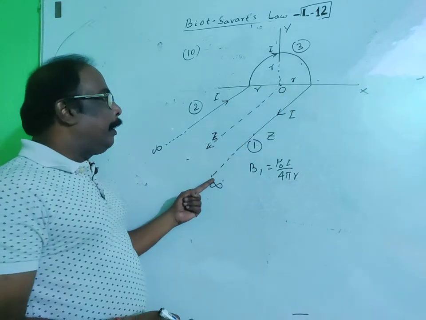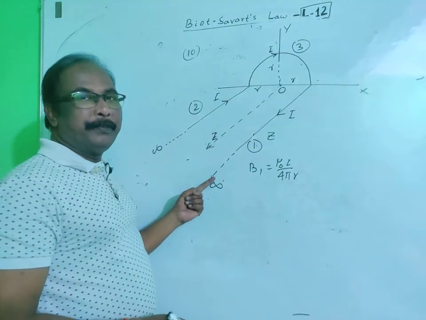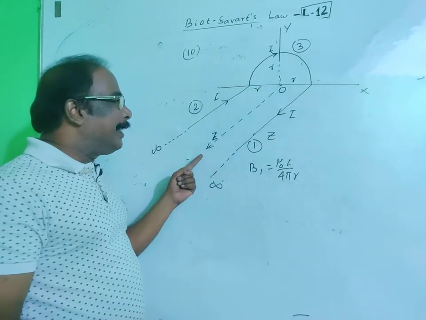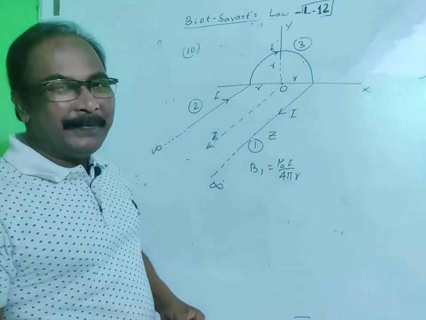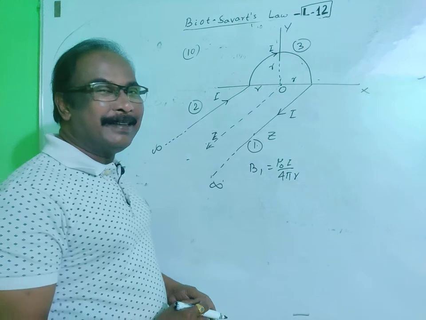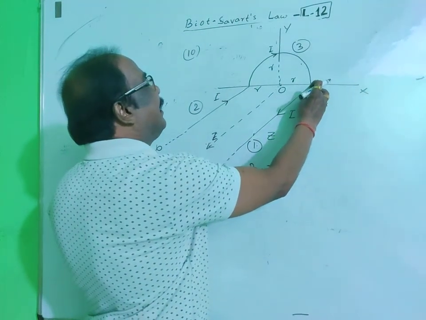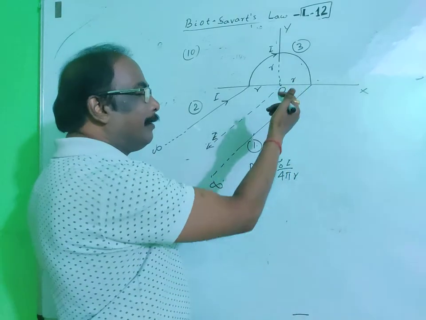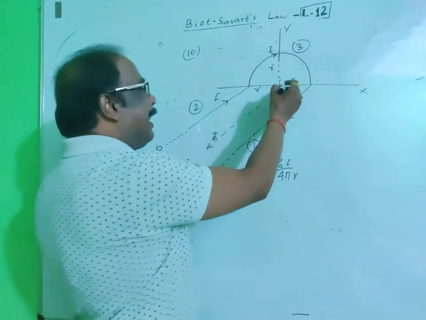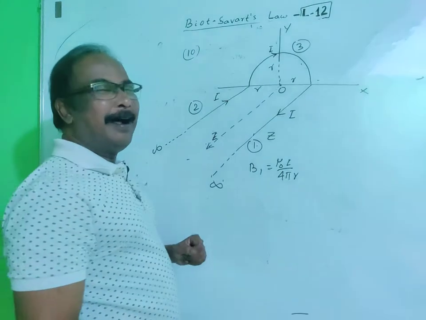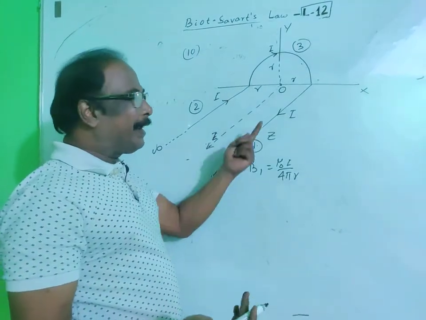Current is flowing along the z-axis. Then what will be the direction? How can you determine the direction? Just imagine you have taken an elemental length dl here along the z-axis, and O is at the origin. We have to get the field at O.